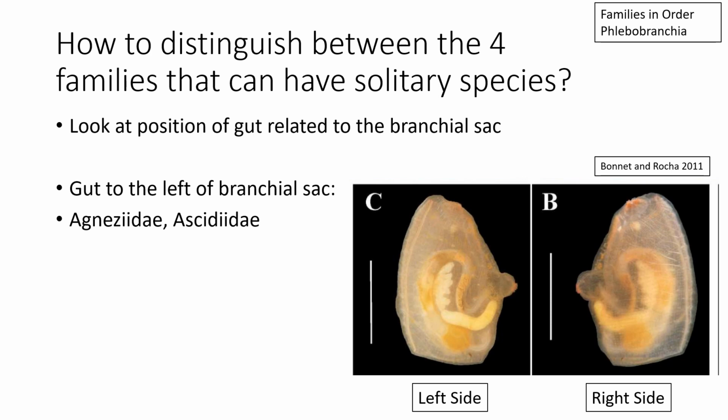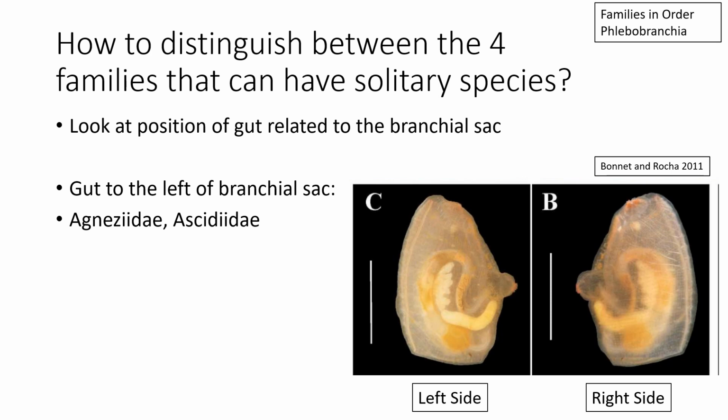If you locate the endostyle, that is the ventral side of the animal, also known in invertebrate biology as the stomach side. The opposite side, where you can see the atrial siphon, the projection or protuberance where the animal is going to release sperm, eggs, and waste, feces, is the dorsal side.